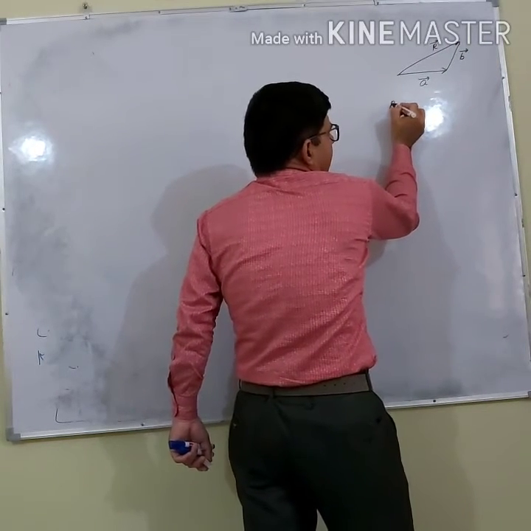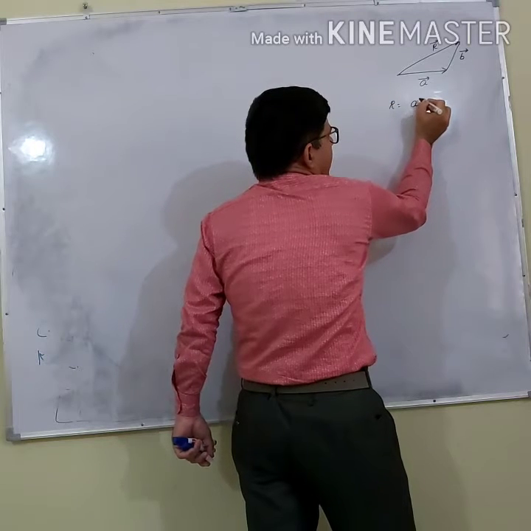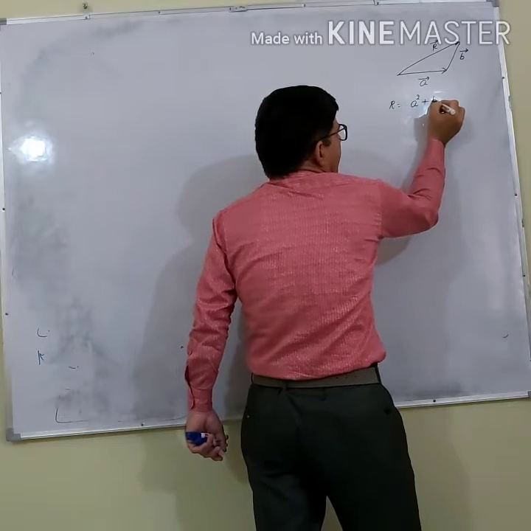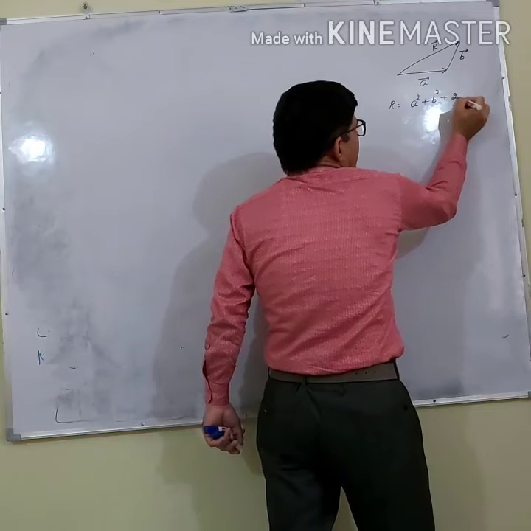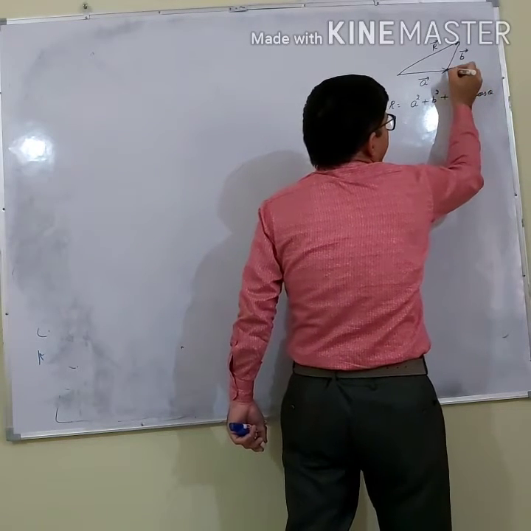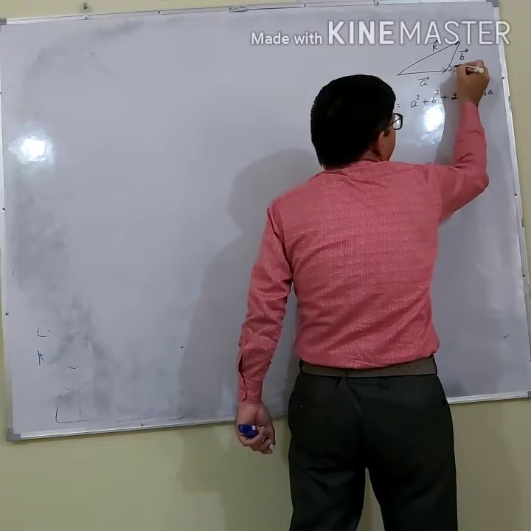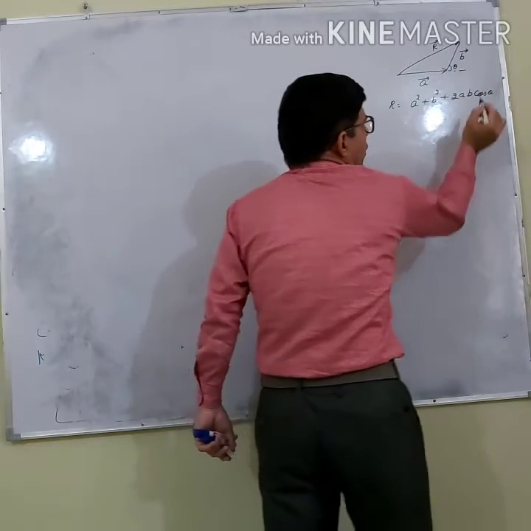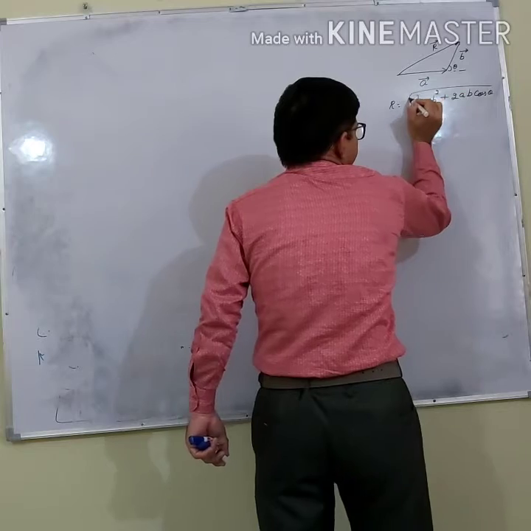The magnitude of R is the square root of A squared plus B squared plus 2AB cos theta. What is theta? Theta is the angle between the two vectors.